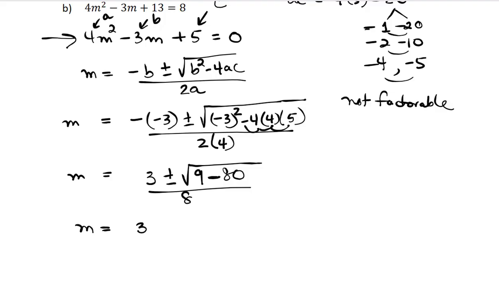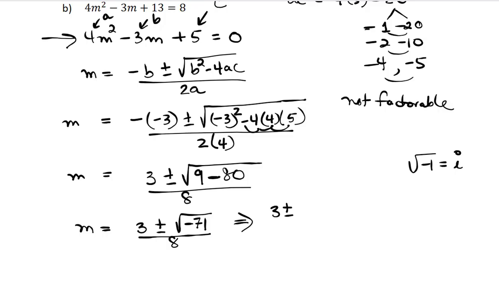So m equals 3 plus or minus the square root of 9 minus 80, which is -71, all over the number 8. So simplifying the radicand, we get 3 plus or minus the square root of -71. Remember, the square root of -1 is the imaginary unit i.